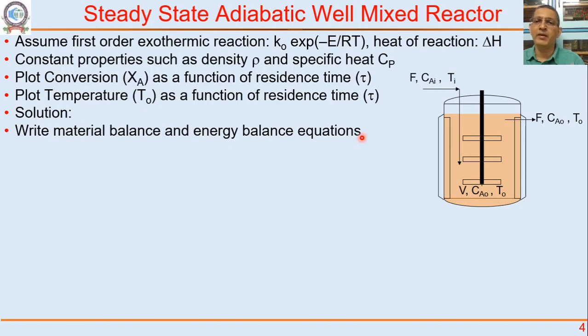Try writing them again without seeing the previous lecture. But if you have difficulties, you can always go back and see the previous lecture. So pause the video, write these equations for yourself, and calculate how XA and T out, T0 if you like, will vary with respect to tau. Okay, pause the video.